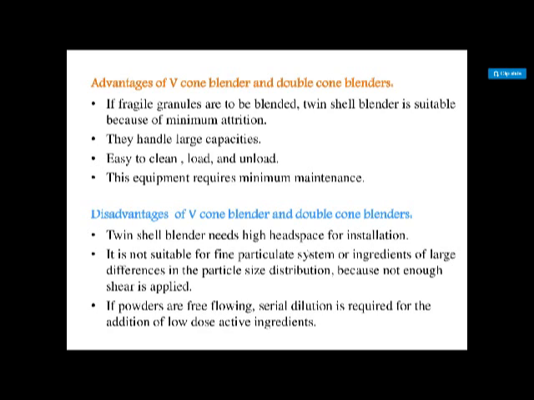It is not suitable for fine particulates or ingredients with large differences in particle size distribution. If there is one very big particle and one very small particle, with such a large particle size distribution, this is not suitable. Generally a narrow particle size range is needed. If powders are free flowing, serial dilution is required for addition of low dose active ingredient. So these are the disadvantages of the V-cone and double cone blenders.